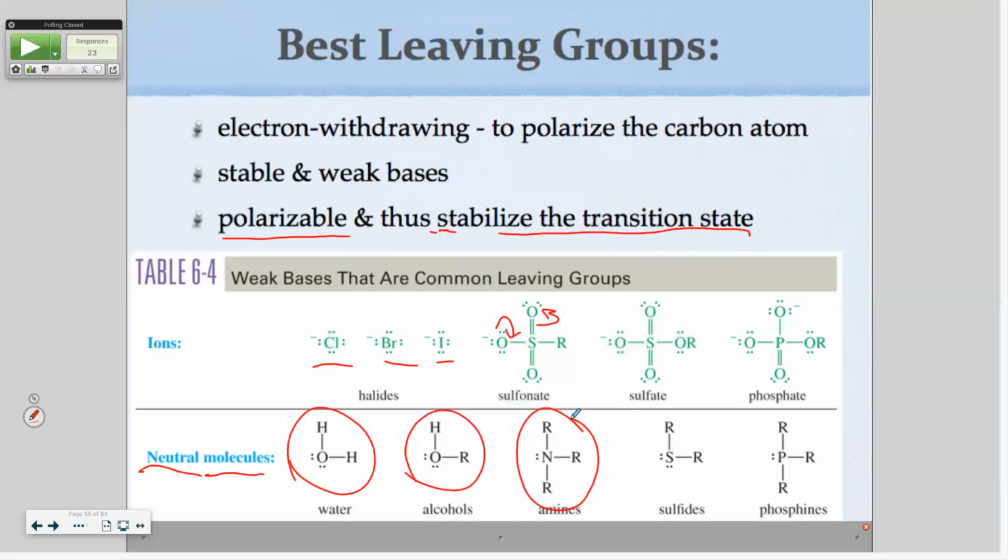We're really not going to do sulfides and phosphines. We'll talk about phosphines next semester in one reaction. But this is the biggie. Let me ask you this. What is the conjugate base of water? Hydroxide, OH minus. What is the conjugate base of an alcohol? RO minus.